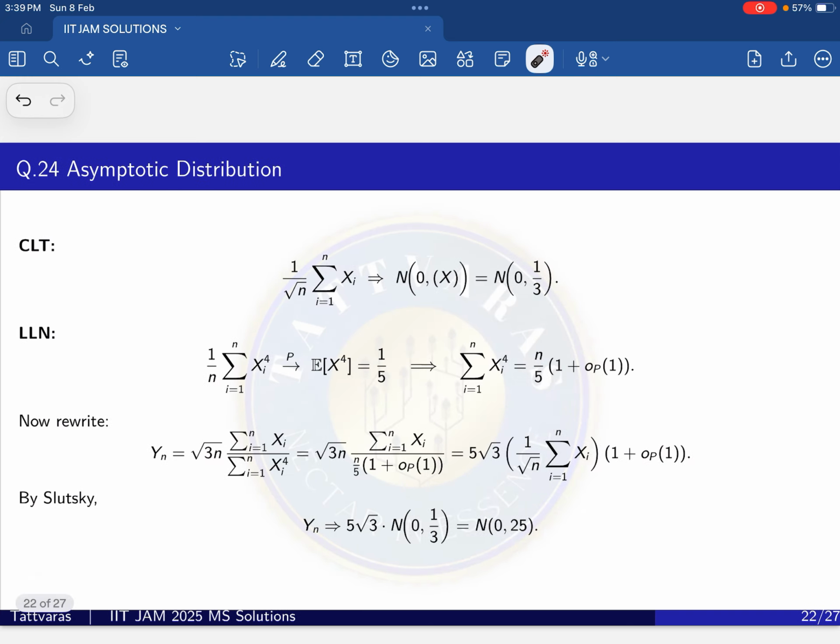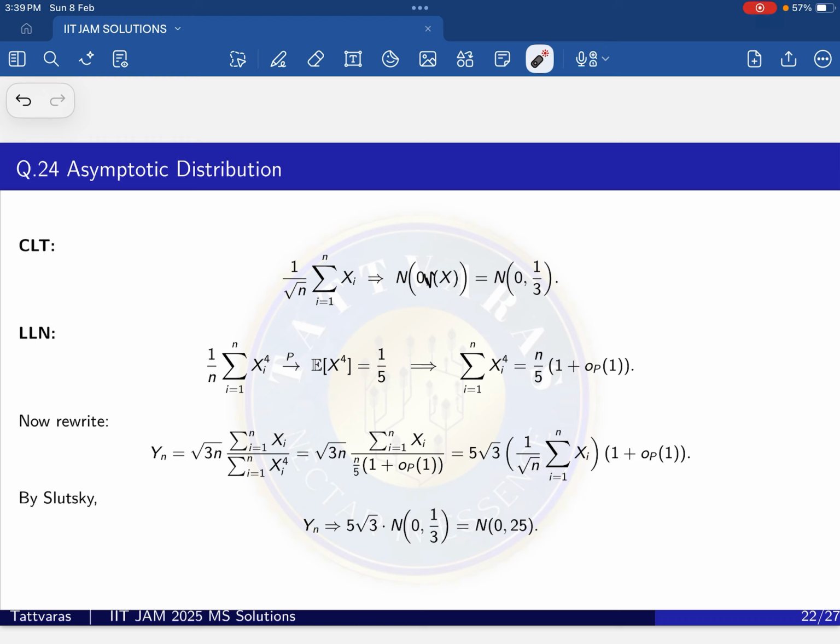Now from the CLT you obtain that 1 over root n summation Xi converges to normal 0 with variance V of X, again sorry for the same typo, that is normal 0 comma 1 over 3, and this average converges in probability to the mean, that is 1 over 5.